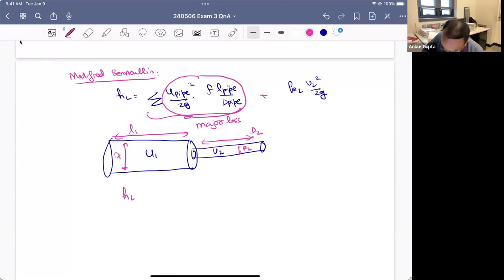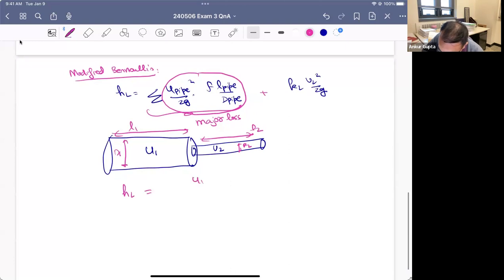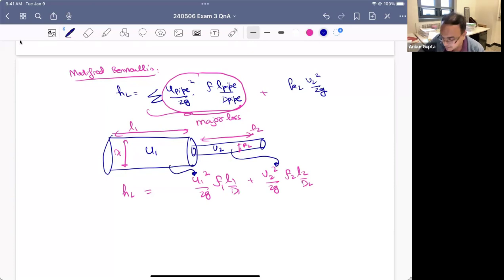Then the major loss will have to be U1 square by 2g into F1 L1 by D1, plus U2 square by 2g into F2 L2 by D2. Depending on the Reynolds number of the pipe, the friction factor might also change. So essentially, this is whatever is the velocity within the same pipe. That is what we have to use when we are summing up the major losses.